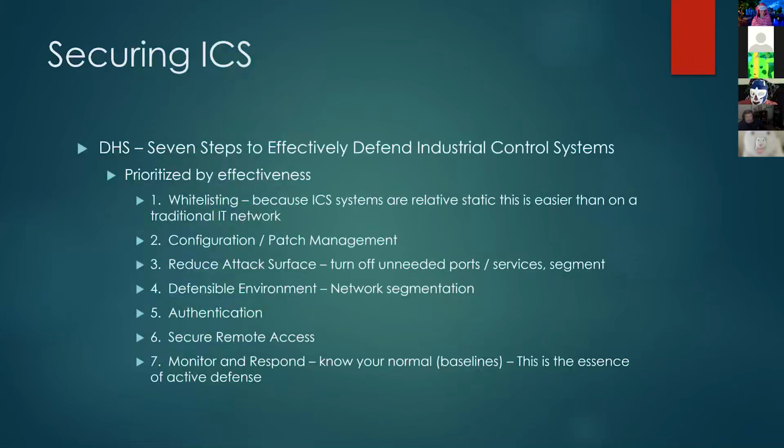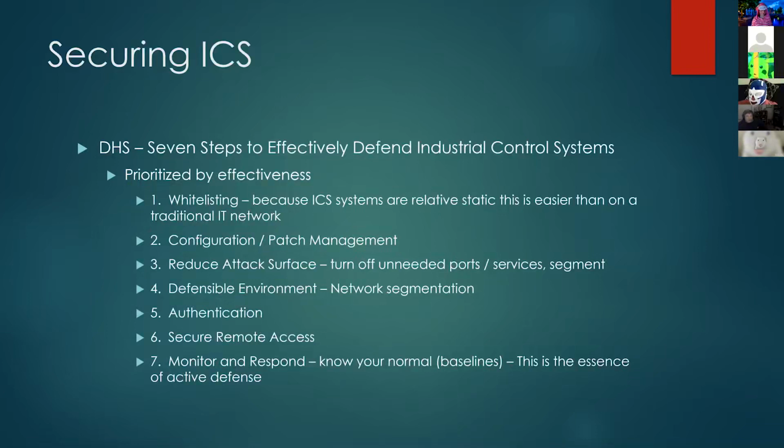And then finally, if you're in a position where you have to make some decisions on securing industrial control systems, these are the 7 steps that DHS recommends, prioritized by effectiveness.